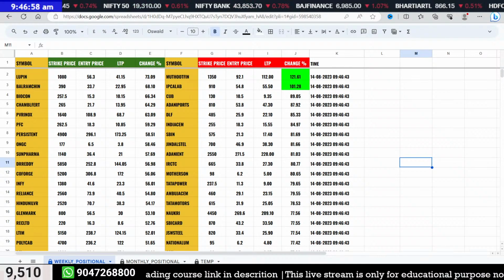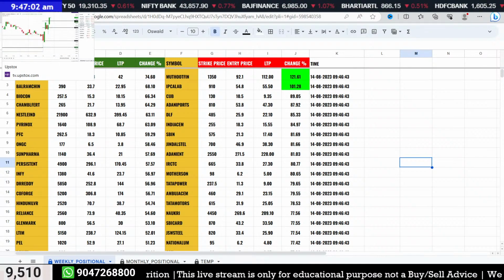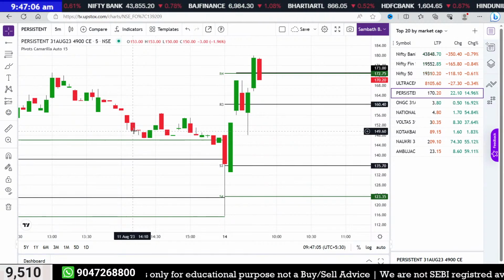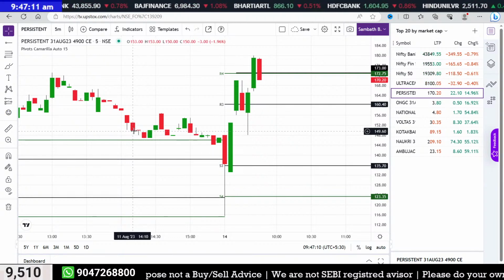Okay, only a few stocks, and that also we have taken based on our temporary sheet. Now currently again 29. So Nifty after 150 down is now slightly recovering back.